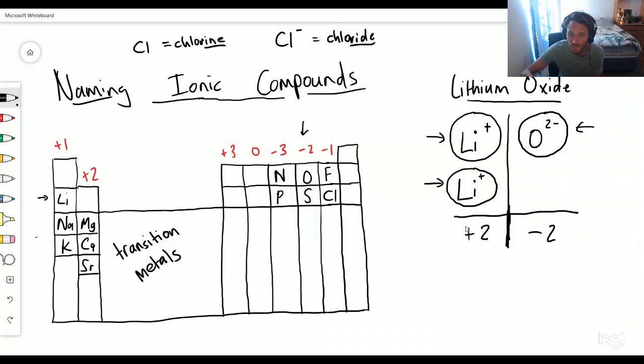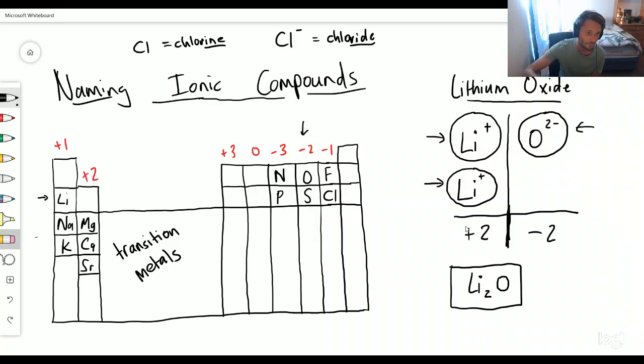So what does this mean in terms of the chemical formula? Well, if we've got 2 atoms of lithium, we can say Li2, and we've got 1 atom of oxygen. So here is my chemical formula for lithium oxide, and that is the technique you would use.